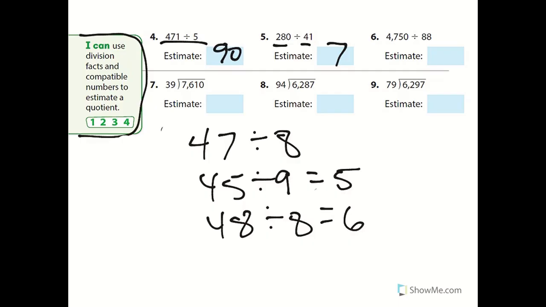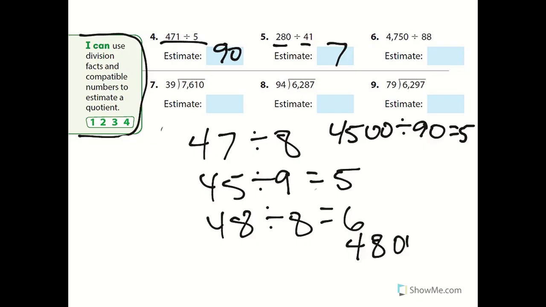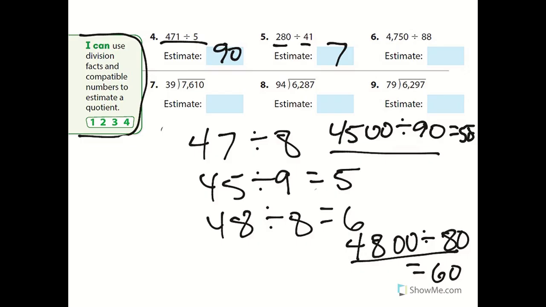So you can do 4,500 divided by 90. That's going to be 50. Or you can do 4,800 divided by 80. That's going to be 60.